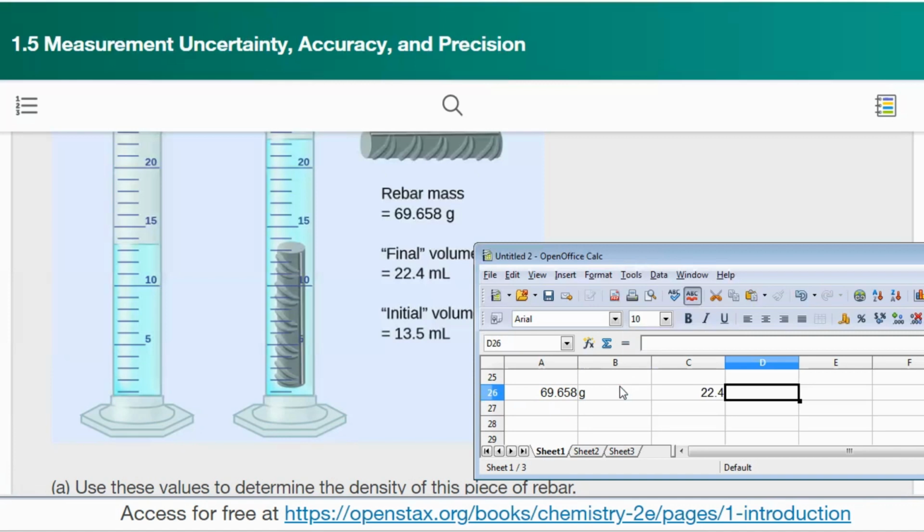So 22.4 milliliters, and we have 13.5 as the initial. You'll hear that often used: take the final and subtract the initial, or subtract the initial from the final, and we'll do that. And that is 8.9 milliliters.